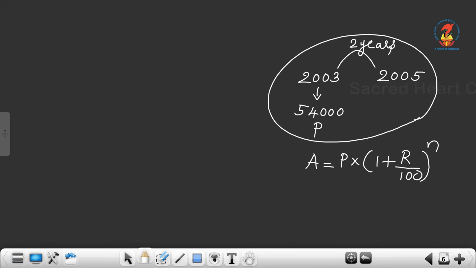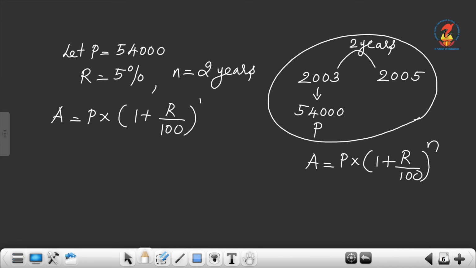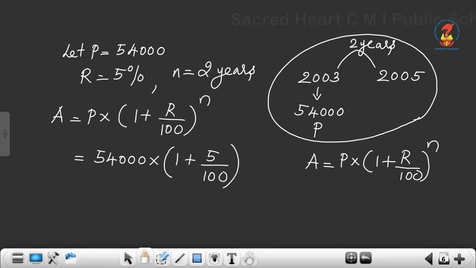That means we have to find out the value of A. So let P equal to 54,000, the rate is 5% and N is 2003 to 2005, so N equal to 2 years. Therefore, A is equal to P into 1 plus R by 100 whole raised to N. P is 54,000 into 1 plus 5 by 100 whole raised to 2.